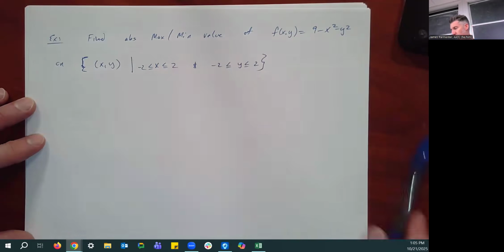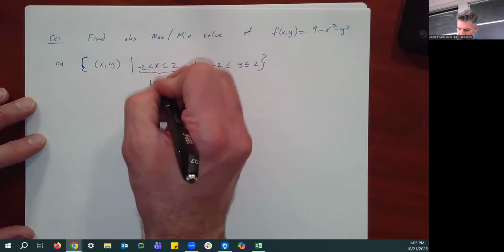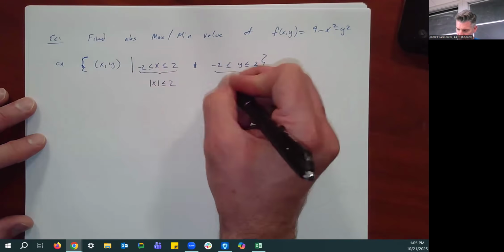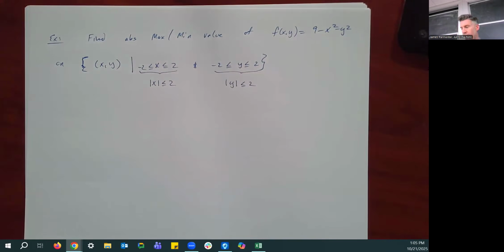Again, this could have been written in the other way. We could have written this as the absolute value of x is less than or equal to 2, and this as the absolute value of y is less than or equal to 2. That would also be a perfectly fine way of doing it.